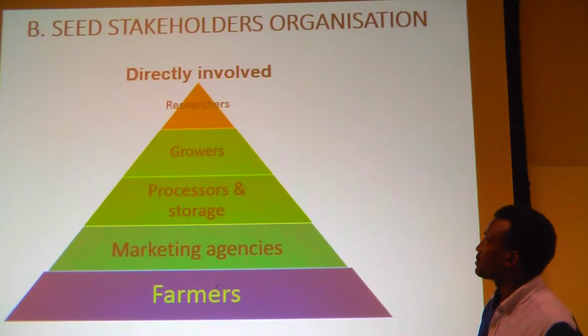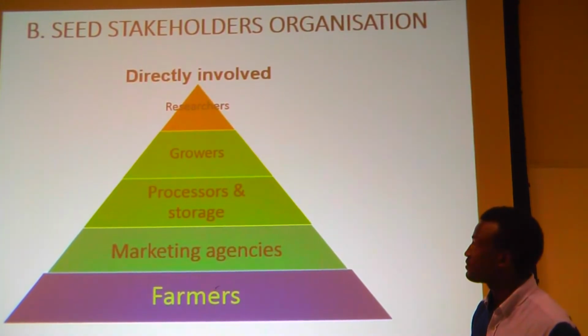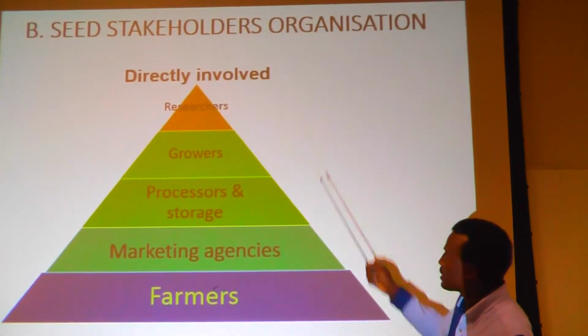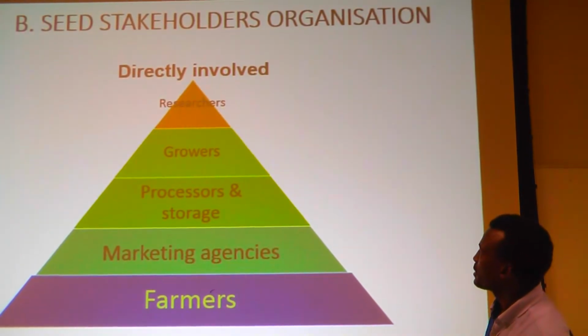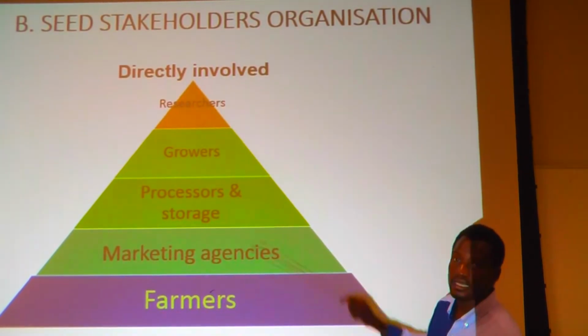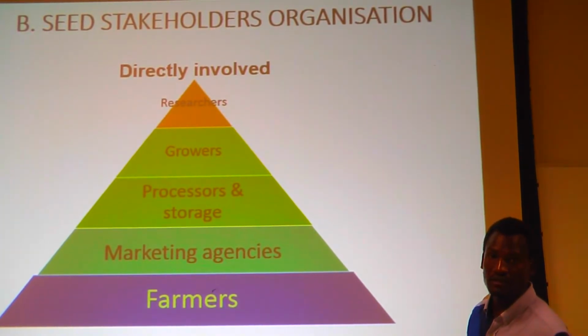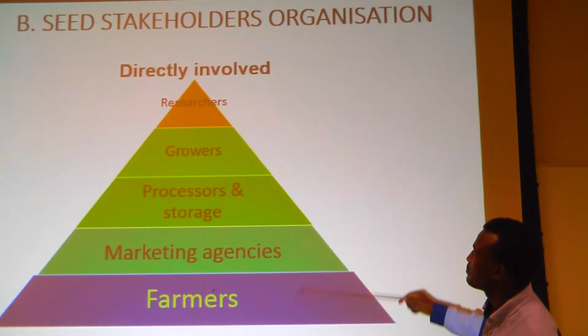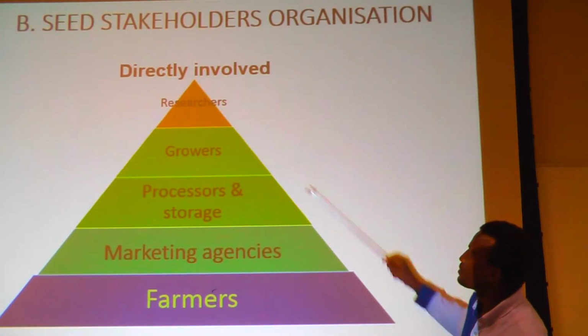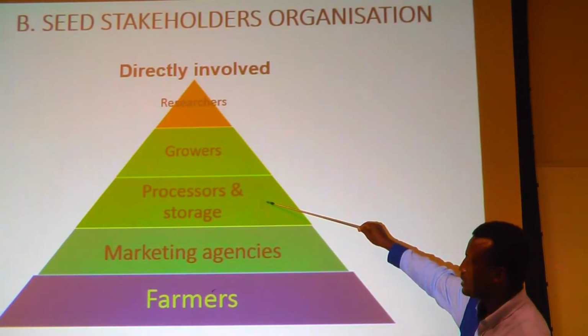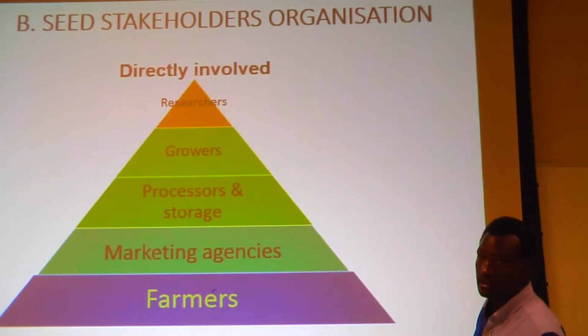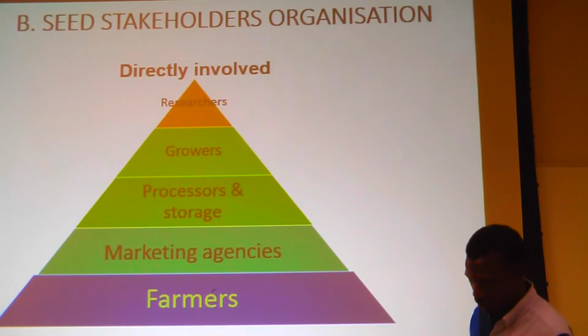Starting with the seed stakeholders, this is how the stakeholders are organized in the seed industry. We have those that are directly involved. As you can see here, researchers at the apex of this pyramid, so they are the first role players in this industry. Then we have seed growers, processors, marketing agencies, and the farmers that are consumers.